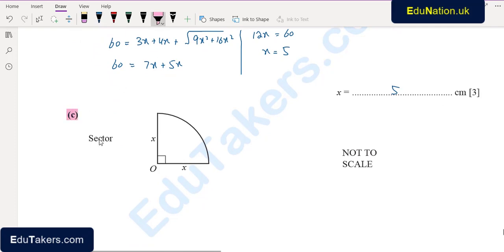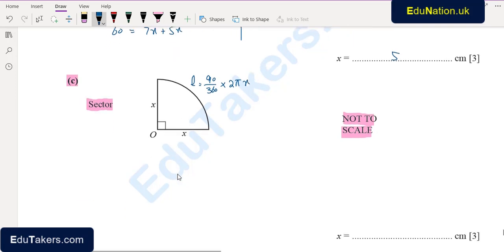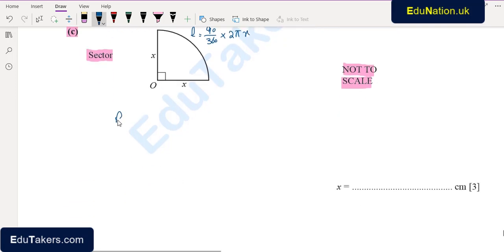Part C is a sector, which is not to scale. To find its perimeter, first we need its curved length, which is L. This will be 90 over 360 times 2 pi x. Now its perimeter will be x plus x plus 90 over 360 times 2 pi x.